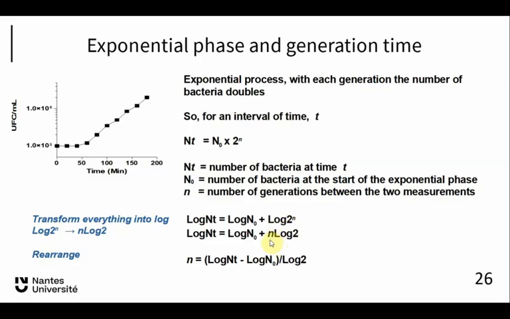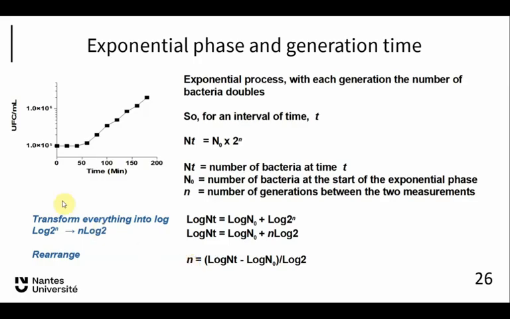And once you've done that, you just rearrange it and it gives you this equation. So we know this, we know that. This is just some kind of number, you can look it up. And that means we can calculate the number of generations that have occurred.